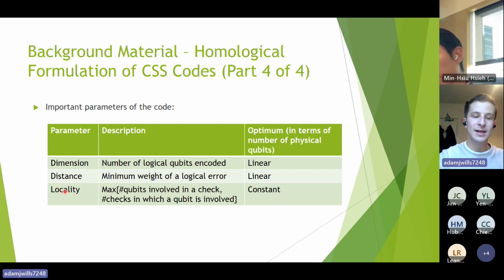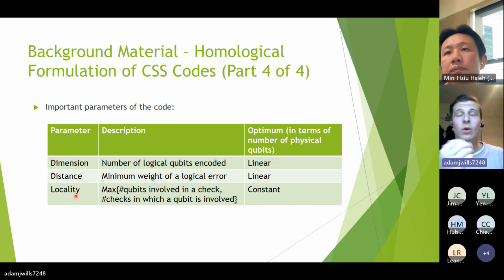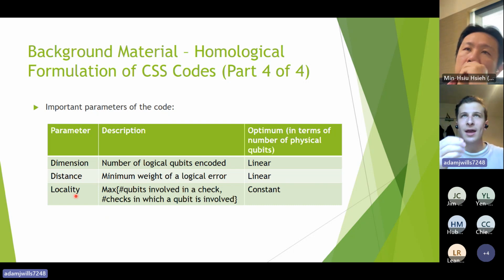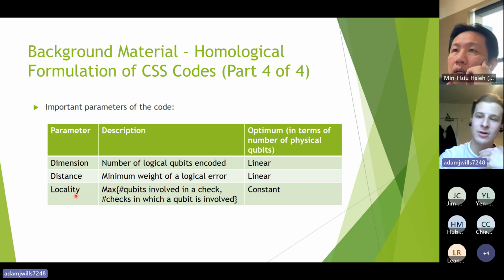Locality might then be a little bit less familiar to people. So locality is going to do with, for now, fault tolerance. The idea is this: imagine you have a stabilizer check that acts on a large number of qubits. If that check is errorful, then it's going to spread errors to a large number of qubits.